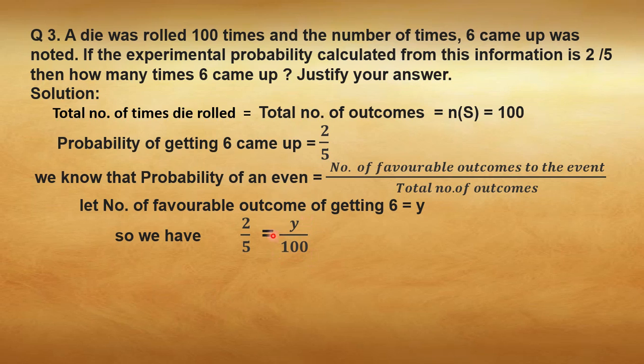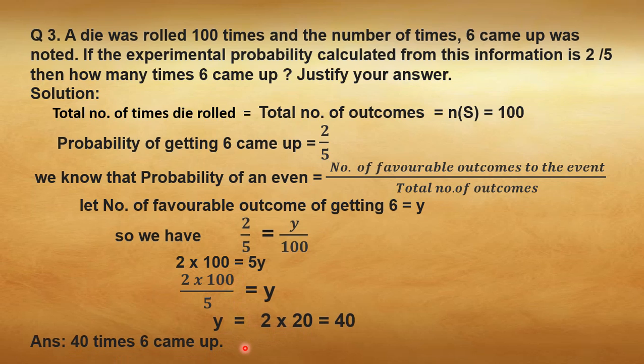By transposing, we get the value of y, which is how many times 6 came up. So 2 into 100 equals 5y, or y equals 2 into 100 upon 5. Now 5 divides 100 20 times, so we get 2 into 20 equals 40. So 6 came up 40 times.